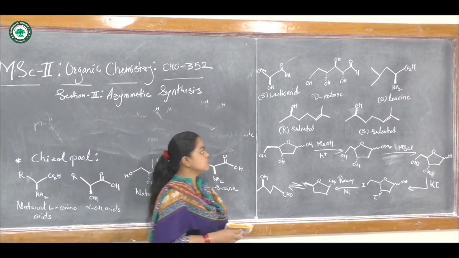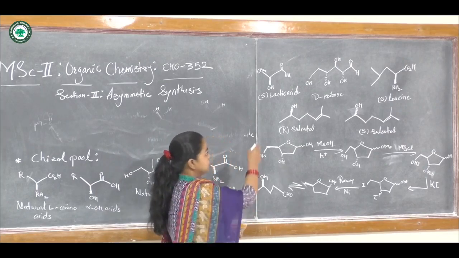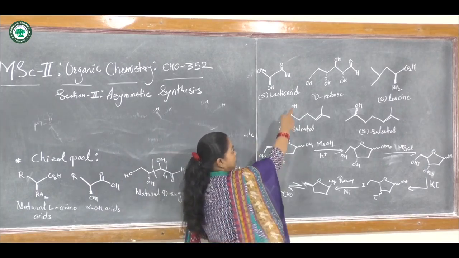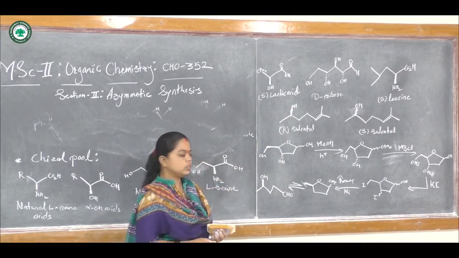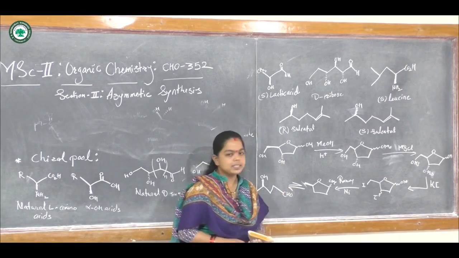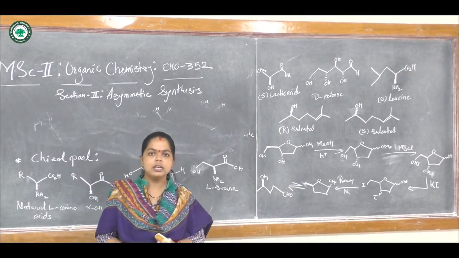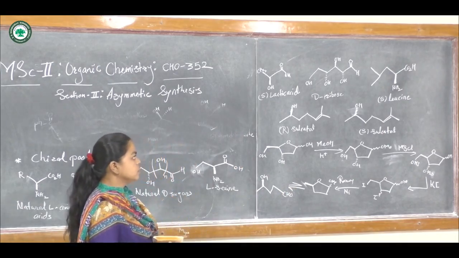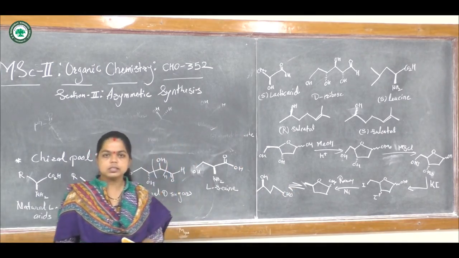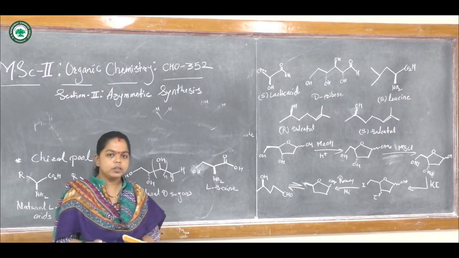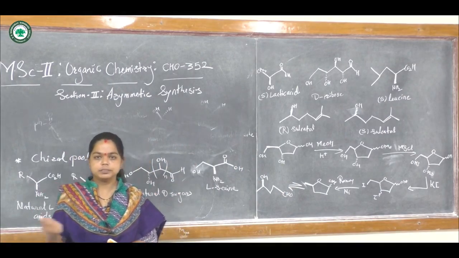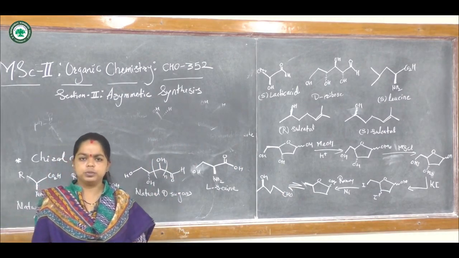So it is also used in the chiral pool strategy. Then D-ribose is one example of a sugar, and S-leucine is an example of an amino acid. So these types of amino acids and carbohydrate molecules are used as the chiral pool.